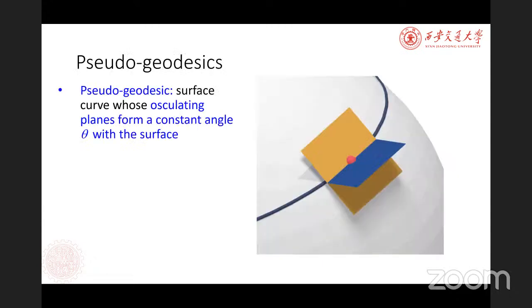To design and compute a pleated structure, we introduce the concept of pseudogeodesic. Here, the blue line is a pseudogeodesic. A pseudogeodesic is a surface curve whose osculating plane forms a constant angle with the tangent plane. Here the constant angle is theta.